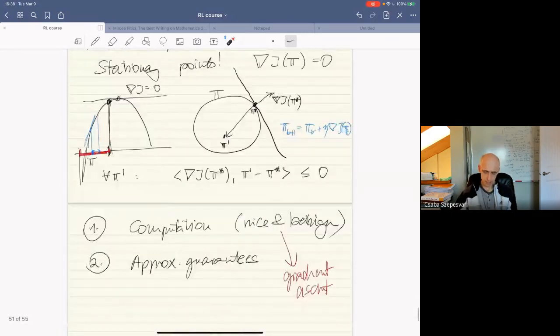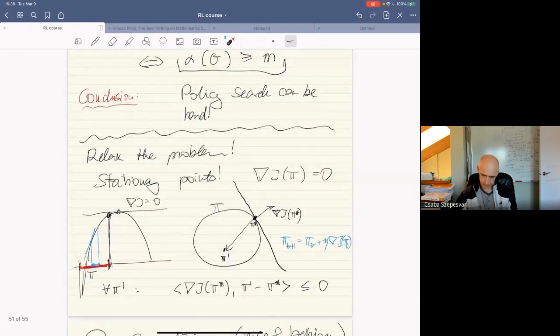And then you make the step in the W space.